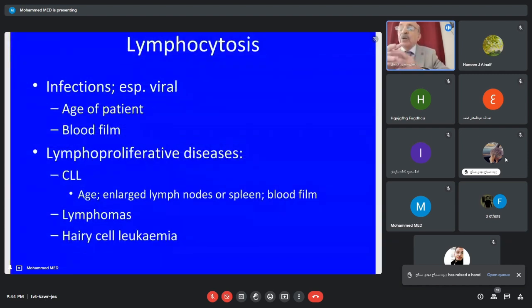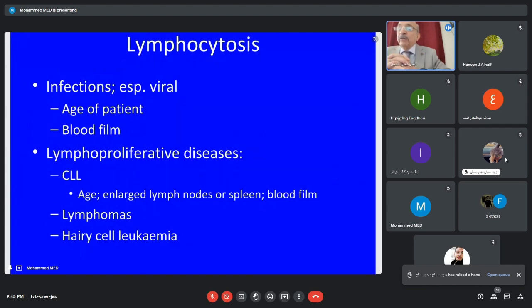But the bone marrow is not indicated because the bone marrow is more difficult to do, more infiltrative. Lymphoproliferative disorders like CLL, yes, is the likely diagnosis in this patient because of the age of the patient, he is 75.